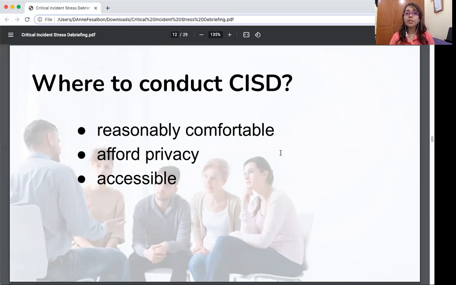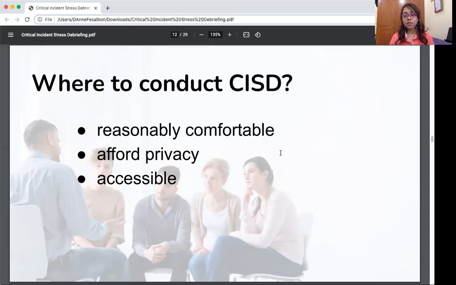And then, where can you conduct CISD? You can conduct it somewhere comfortable, with some privacy, and accessible. Usually CISD is requested by companies whose employees experienced a traumatic event.